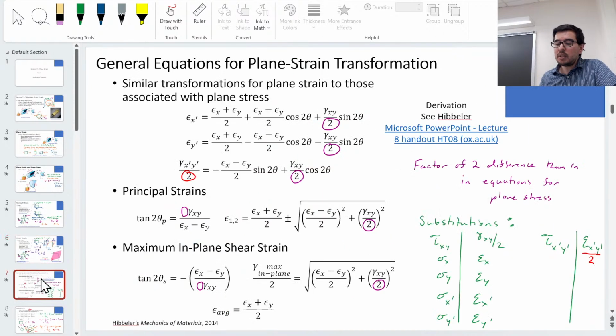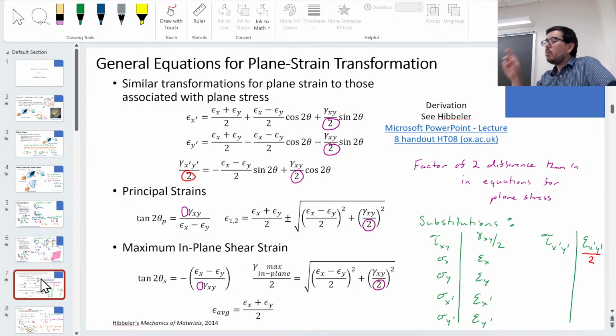Another thing that works itself out in the math is the plane strain transformation equations, so maybe I should back up. Just like we can take an element and rotate it and then calculate the new state of stress, we can do the same thing with the strains.